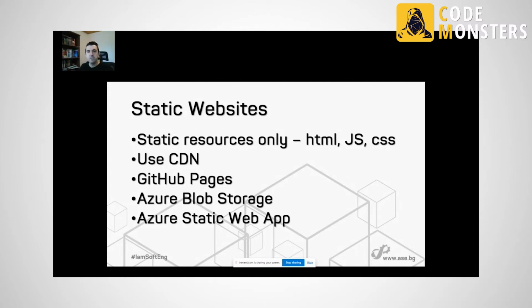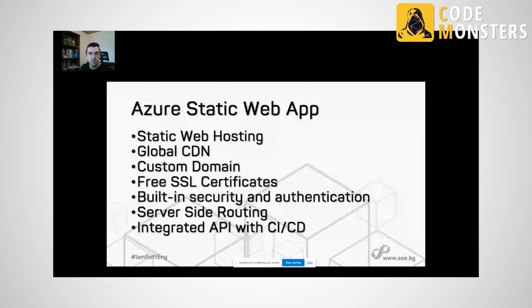So Azure Static Web App provides hosting of static files, as the name implies, and it uses the global CDN, content delivery network, from Azure, which has, I don't know, at least a few tens of data centers all across the world. You can also use a custom domain to set up access to your website, which we're not going to see today.